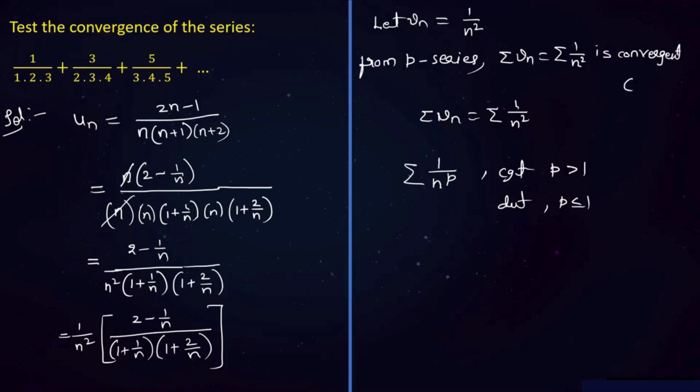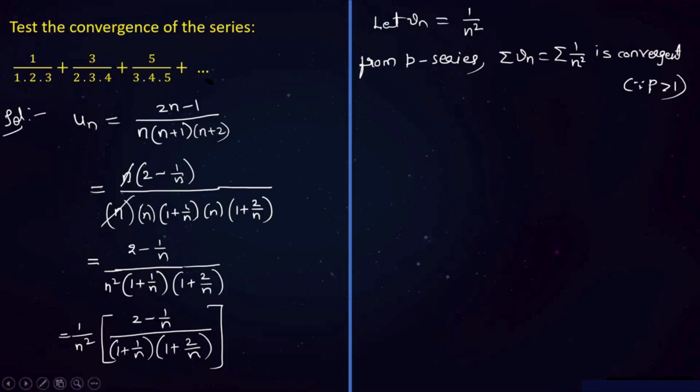Why is this convergent? This is because the power p, n power p, is greater than 1. Now we got one series whose convergence is known to us. Now to identify the convergence of the actual series summation Un, let us define the limit. So now let's consider limit n tends to infinity Un by Vn.